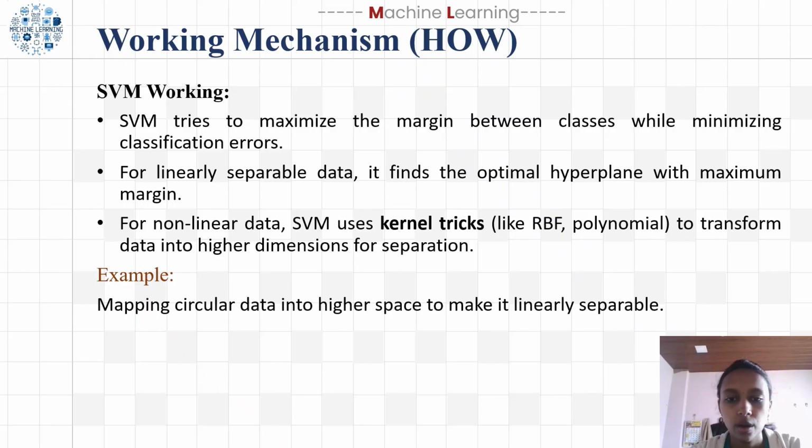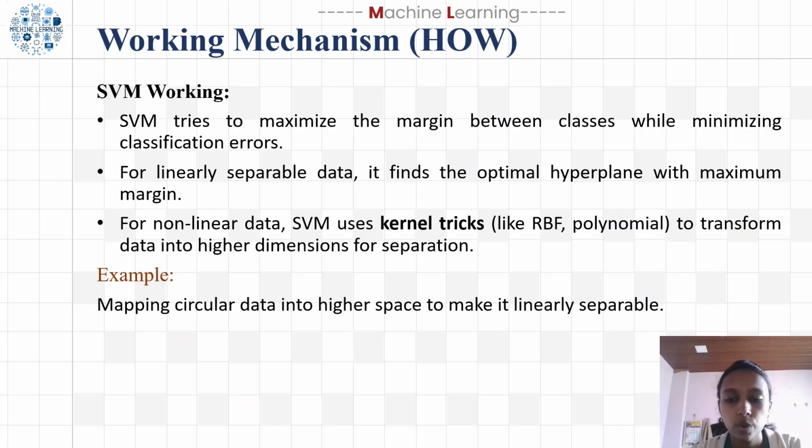Now let's see how SVM works. First, we input training data with labels. Then SVM finds a hyperplane that separates the two classes. The algorithm adjusts this hyperplane to maximize the margin between support vectors. For cases where the data is not linearly separable, SVM uses a technique called the kernel trick.